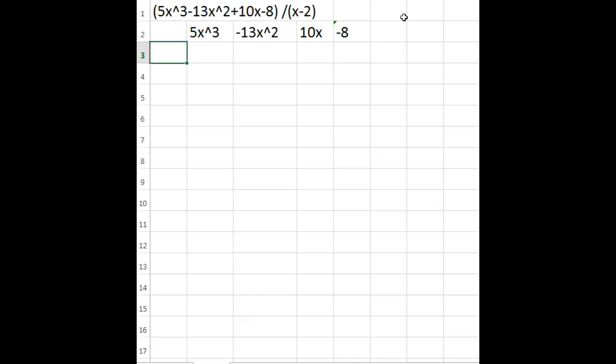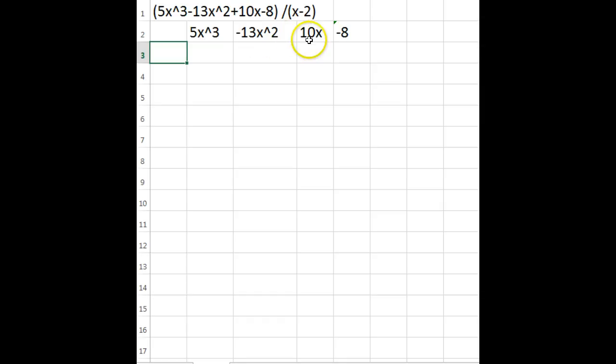The first thing we need to do is take each piece down. Let's look at each term in the polynomial. The first one is 5x raised to the third power. I put that in cell B2. Next to that, in cell C2, I put our second term, which is negative 13x squared.